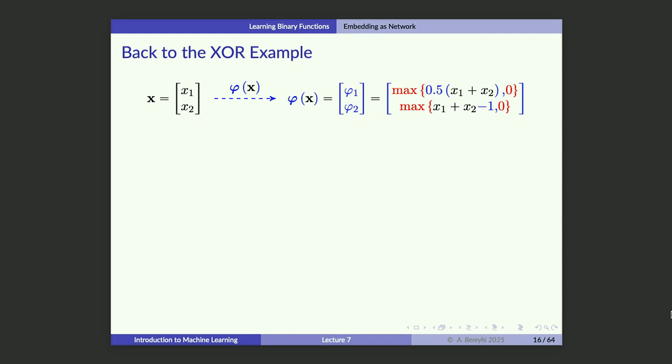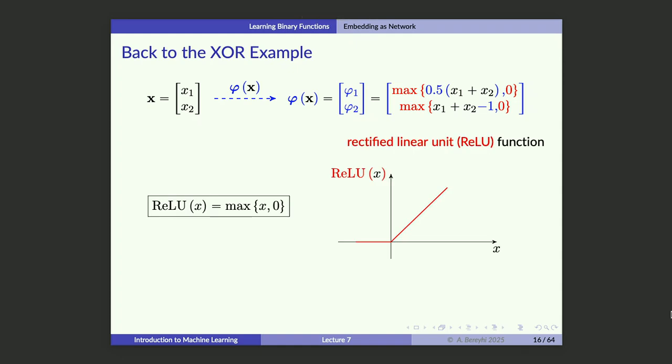If you look at the thing that I show with red, the maximum of some input and 0, this is a nonlinear transform. Maximum of x and 0 is going to look like this: it's 0 when x is negative, and it's a line when x is positive. This is nonlinear, but it's a very tiny bit of nonlinearity, and that is enough to help you solve the problem.